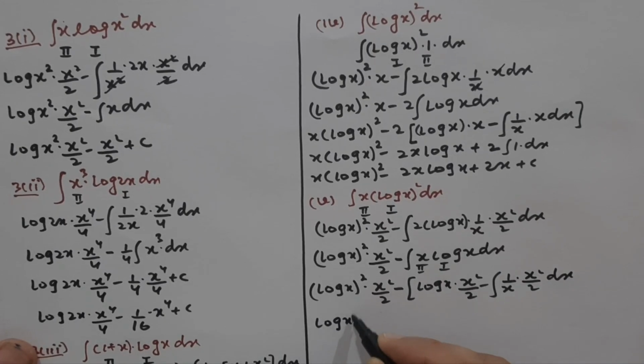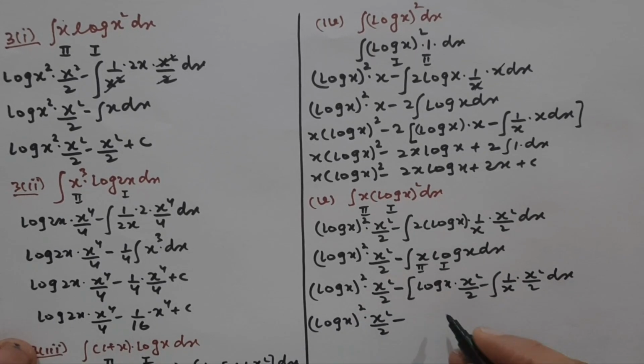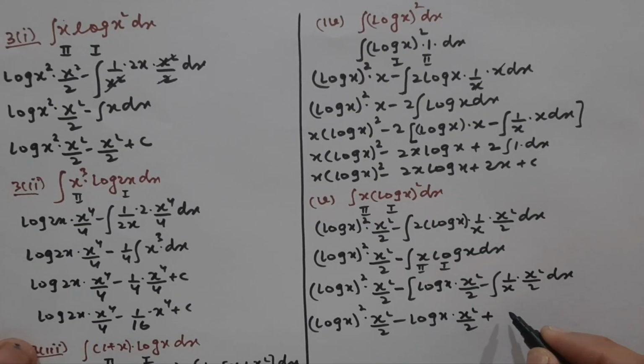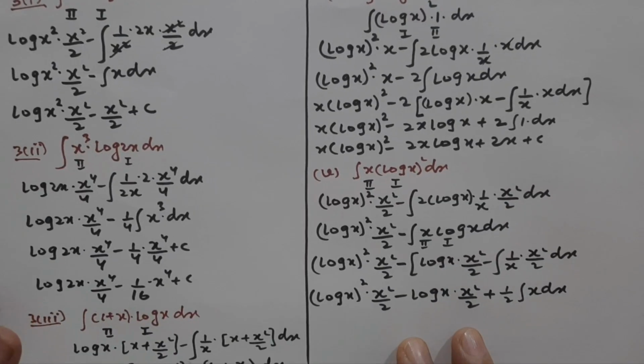So students, we are getting (log x)² x² upon 2 minus log x into x² upon 2 plus the integral of x dx.